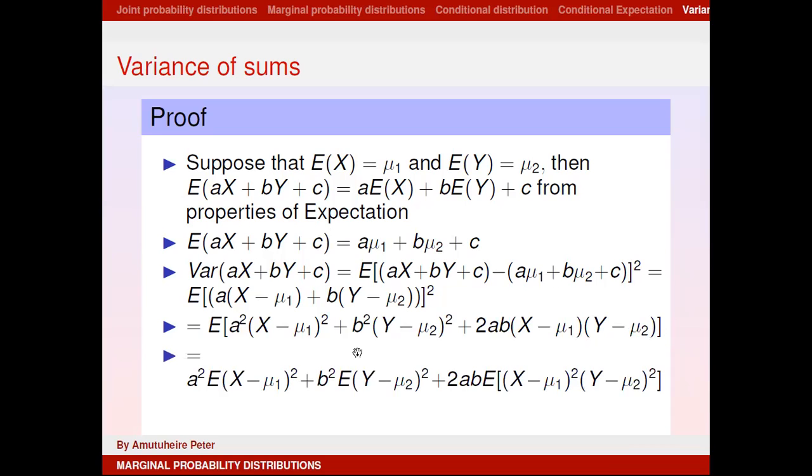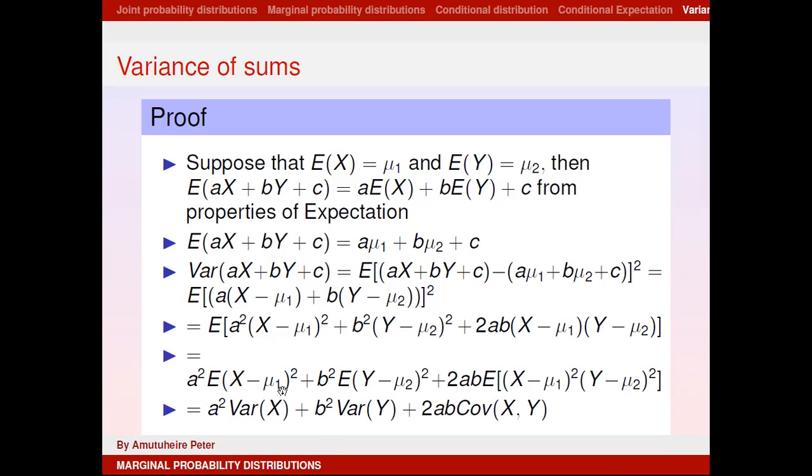When we take the expectation inside, because a is a constant, we get a squared expectation of (x minus mu1) squared, plus b squared times that, plus 2ab times the expectation here, and this is equal to a squared variance of x.